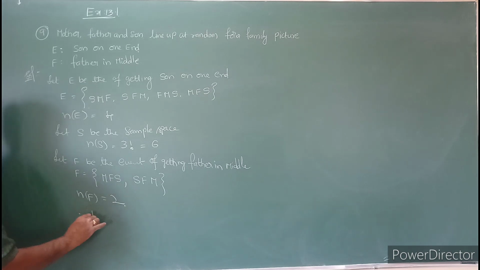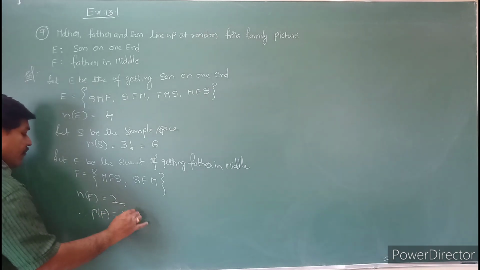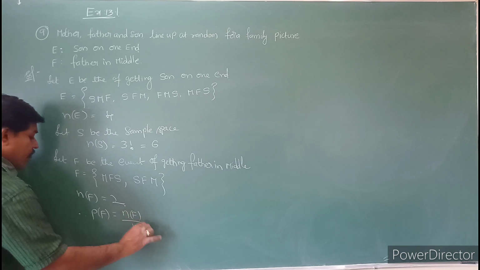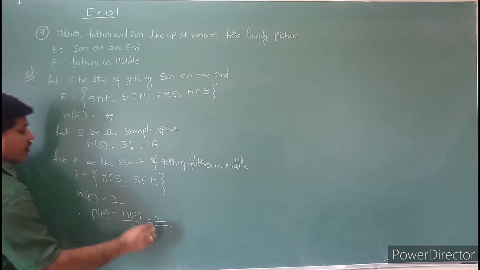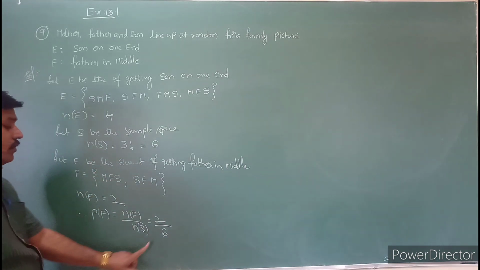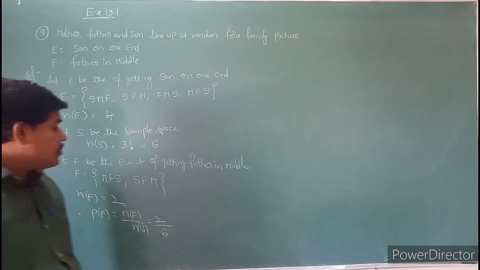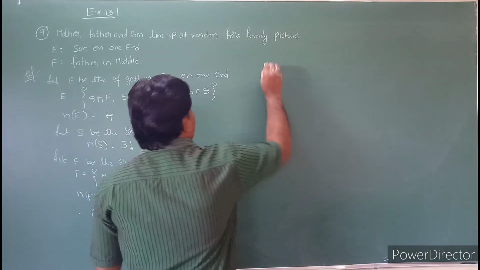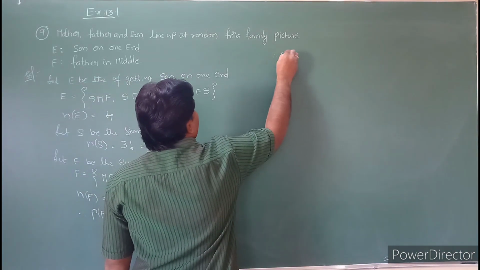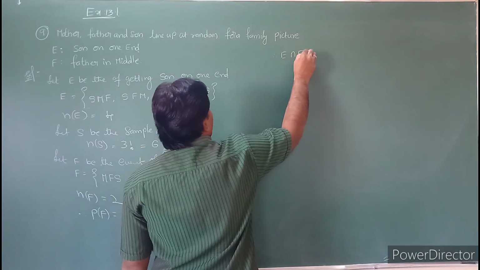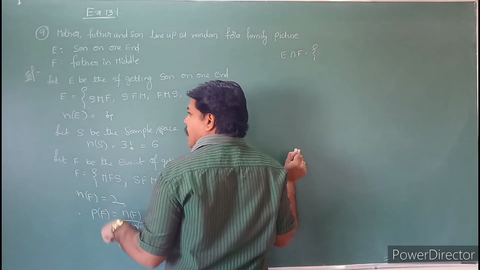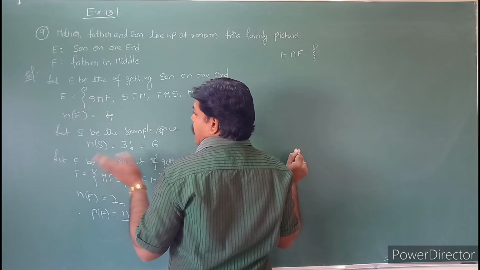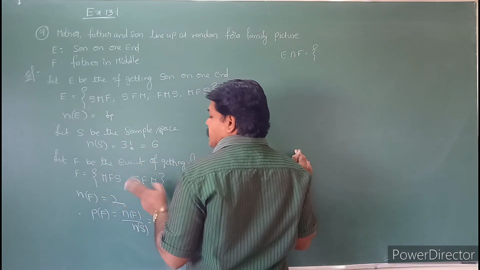Therefore probability of F is equal to n(F) by n(S), that is 2 by n(S) value, which is 6. I don't cancel that value, so I will remain the same. Okay, so next, E intersection F. What is E intersection F? Father is in the middle and son is at one end.